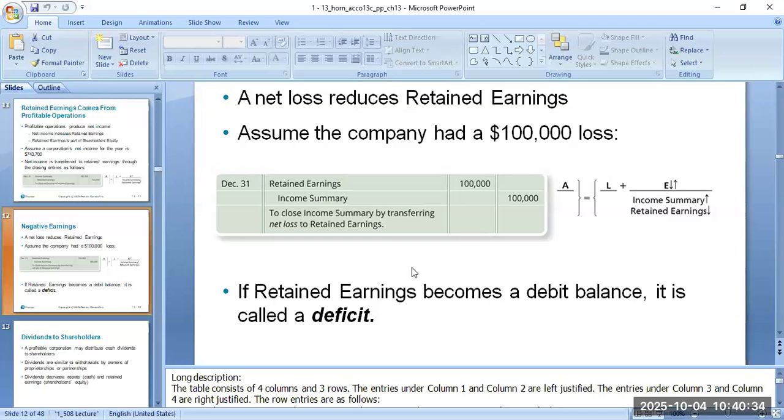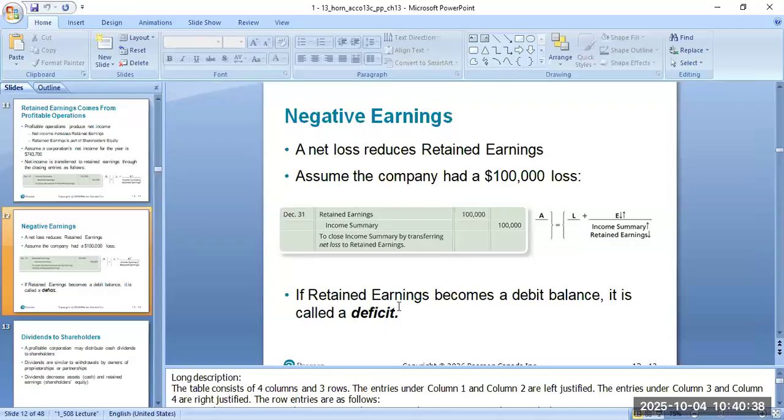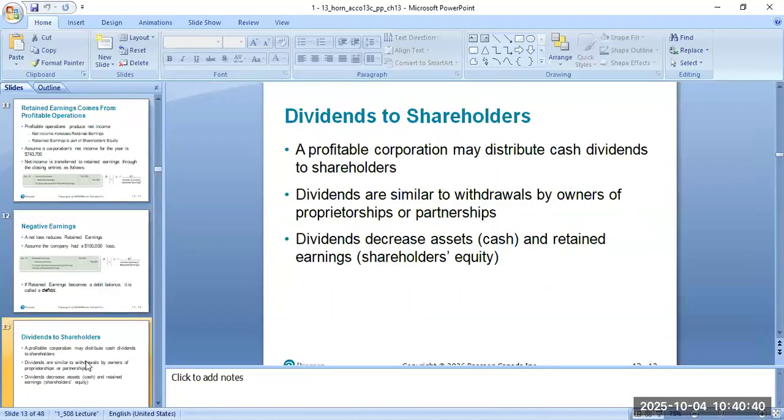Make sense? Now, what else is going to reduce the retained earnings? Dividends. A profitable corporation may decide to distribute cash dividends to the shareholders. Now, the dividend is similar to a proprietorship.